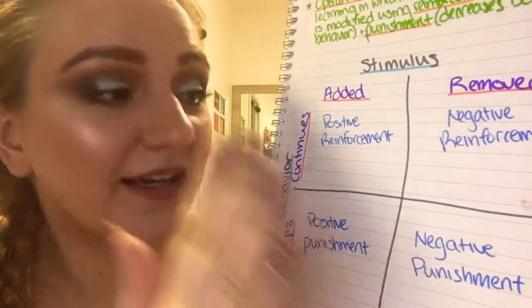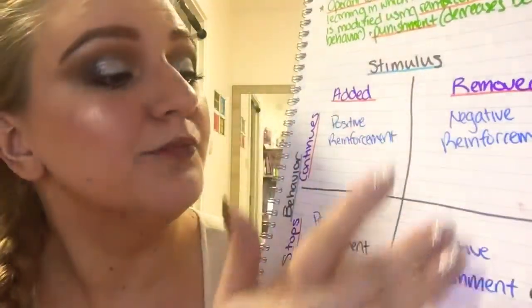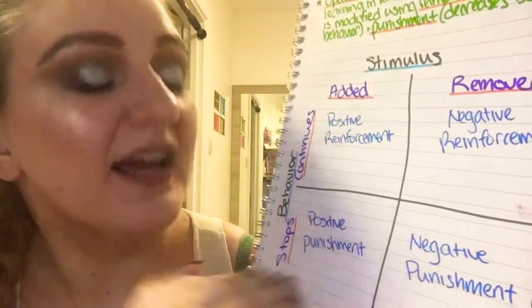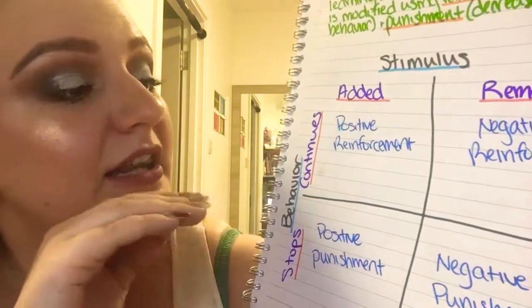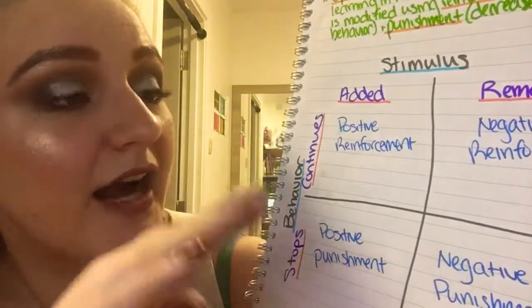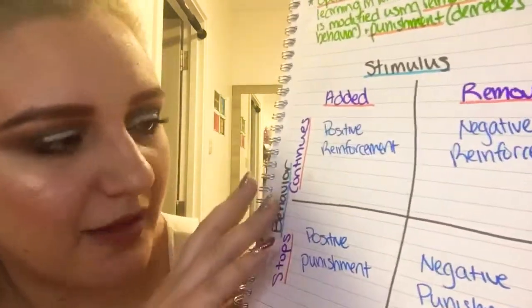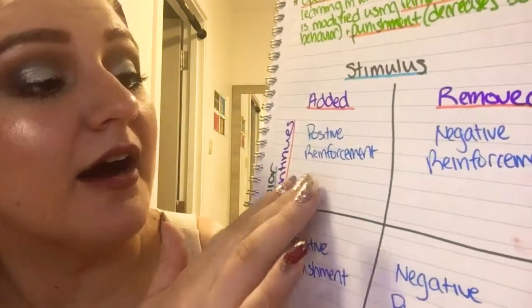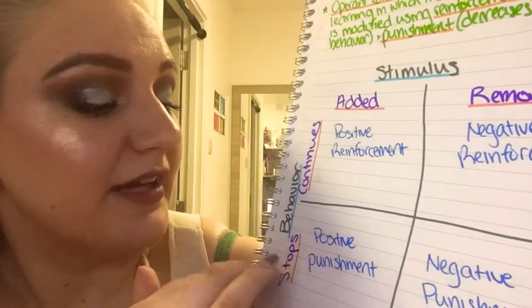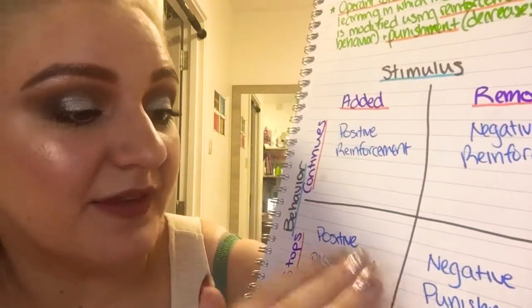Think of adding as positive. Anytime you're removing a stimulus, good or bad, that is negative. And anytime the behavior continues and we're doing something, that is reinforcement. Anytime the behavior stops and we're doing something, that is punishment. So that's a new way of thinking about it. You have to really change the way you're thinking about those words.